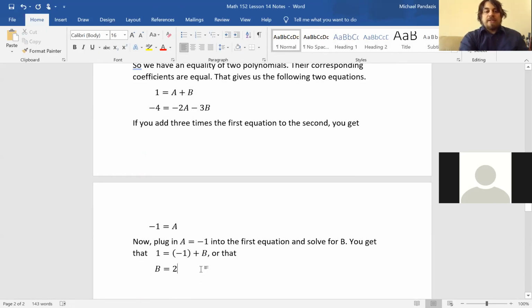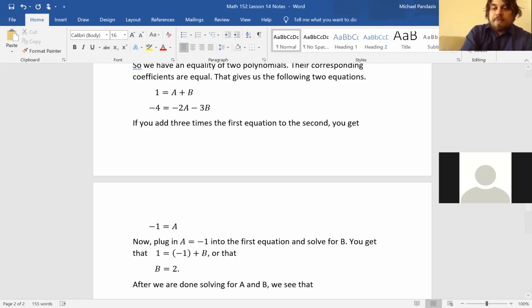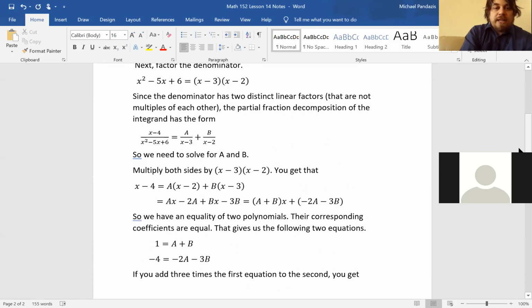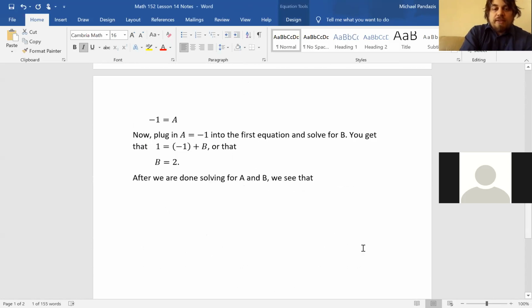Okay. So now we solved for a and b. So before we had that this thing was equal to this plus this, right? Where it was of that form by the partial fraction decomposition theorem.